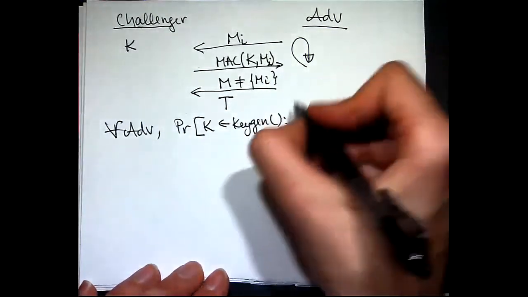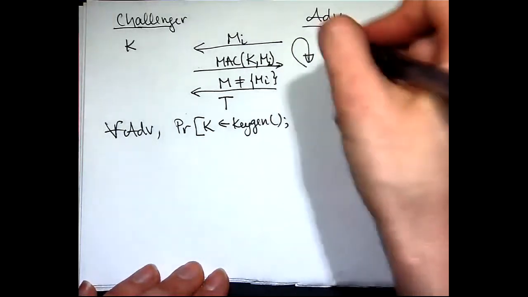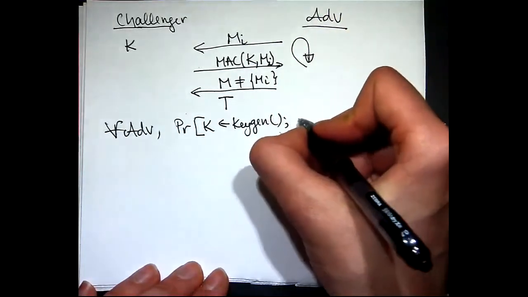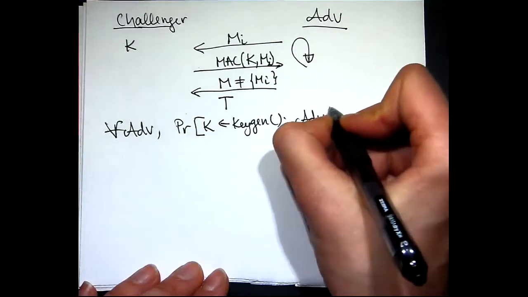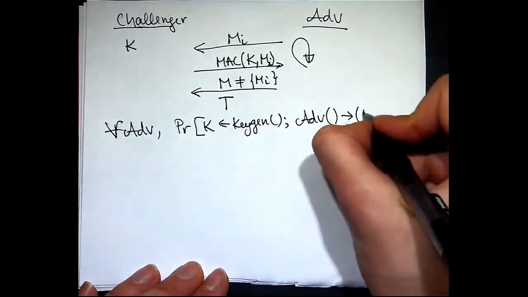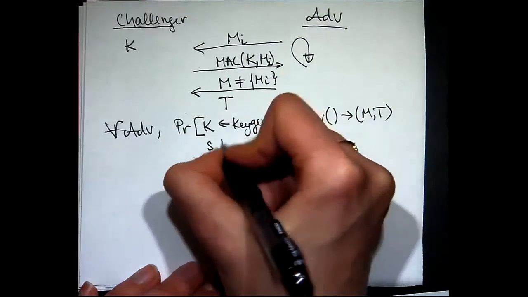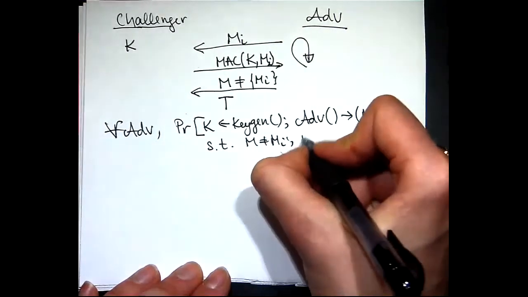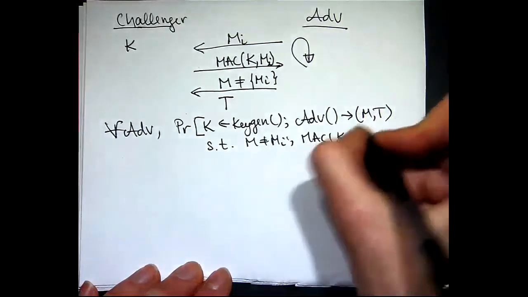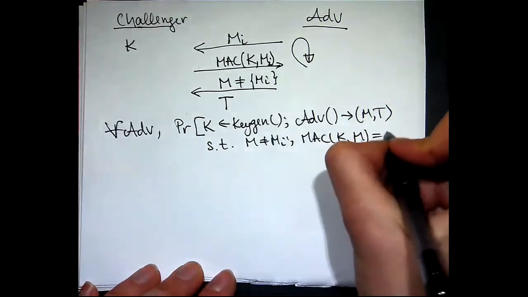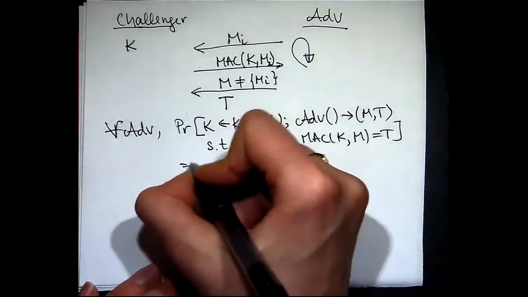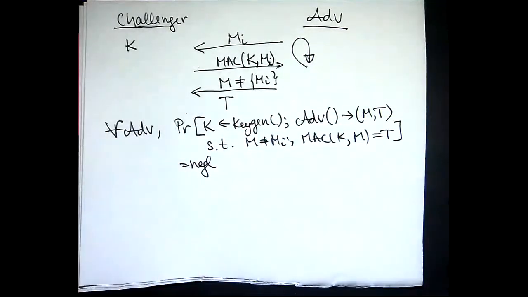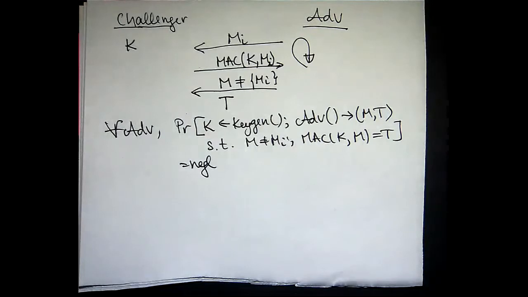And the adversary can play multiple times with this situation, but the adversary cannot basically output a message M and T such that M is different from M_i, and MAC with a key K of the message is equal to T. So this should be negligible. Okay, the chance that the adversary is able to produce a MAC for a message he had not seen a MAC for should be negligible.